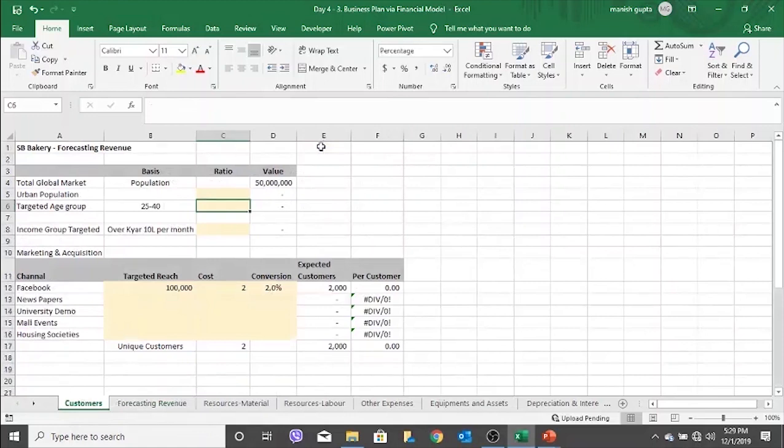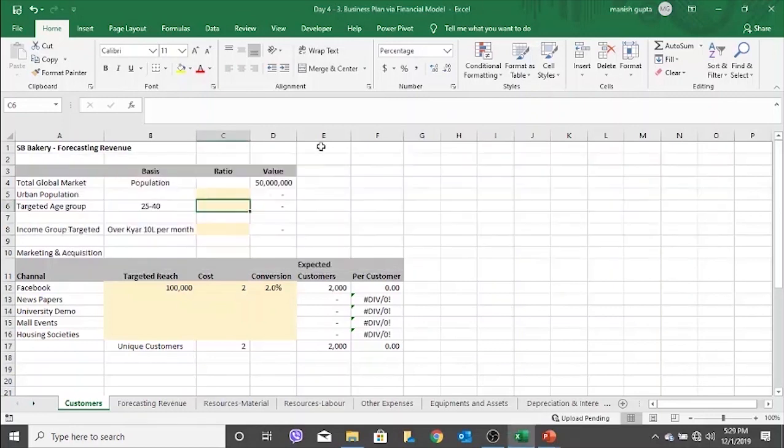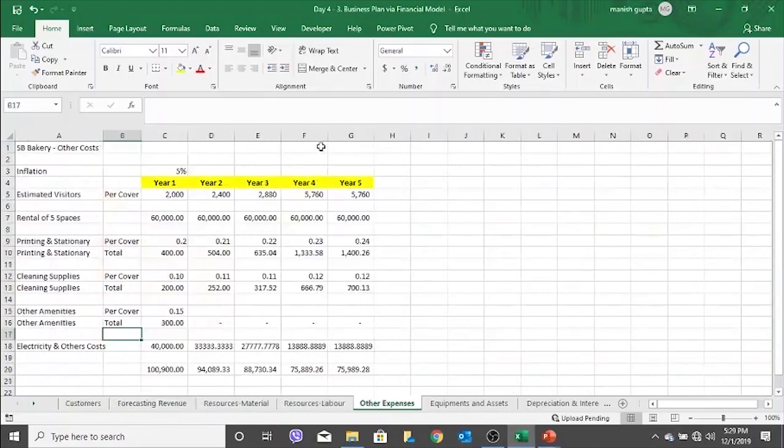This is the fundamental, the skeleton, but you don't have the meat yet. The meat means your write-up, how you're going to explain it to your investor, because showing the screen, showing the numbers, is not going to be helpful. So for that, all the other expenses, you put all in other expenses.